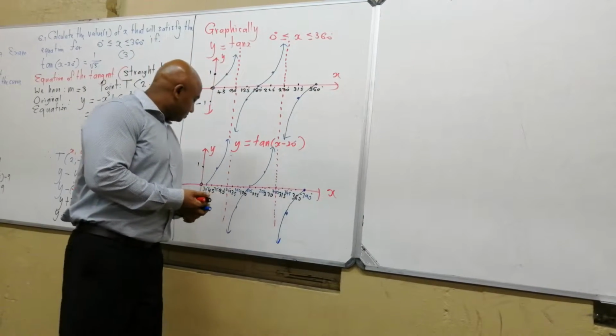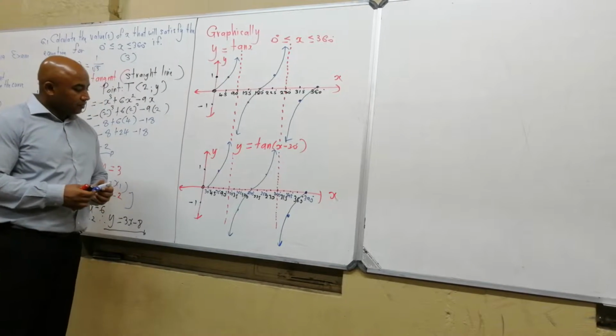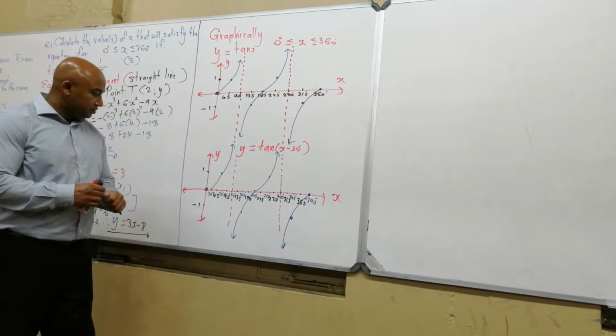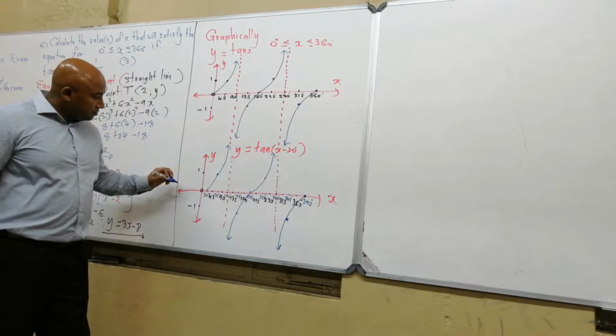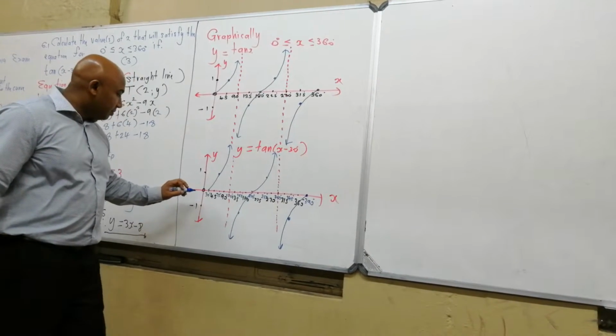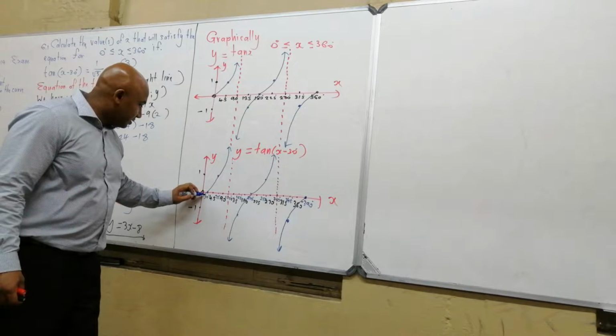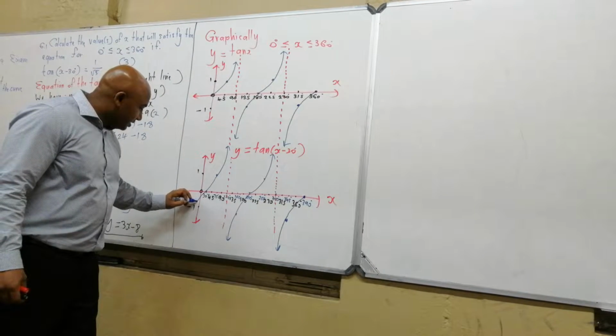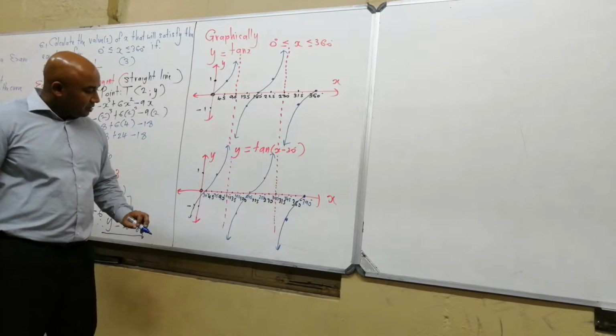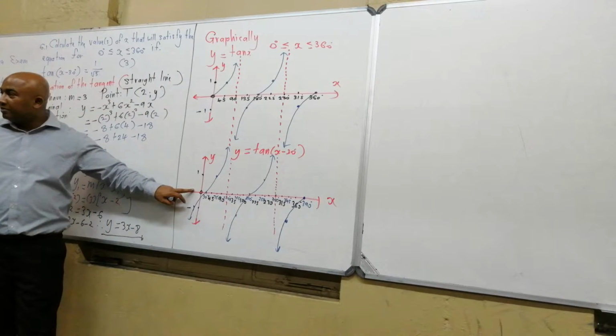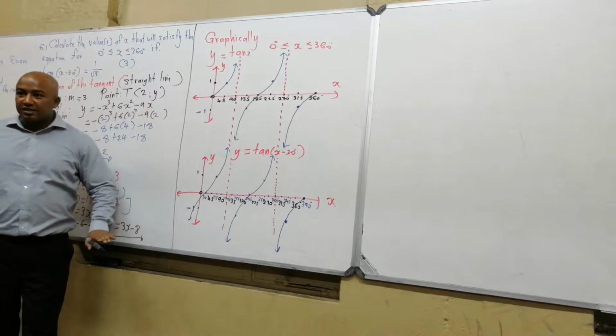Okay, so now remember this graph here is going to be carrying on and passing through 0. Because we have to start from 0 and we're stopping at 360 degrees.